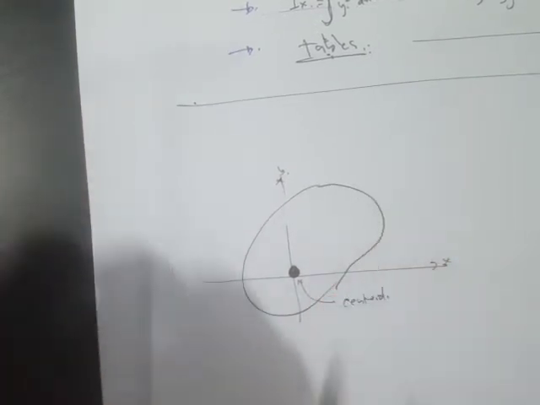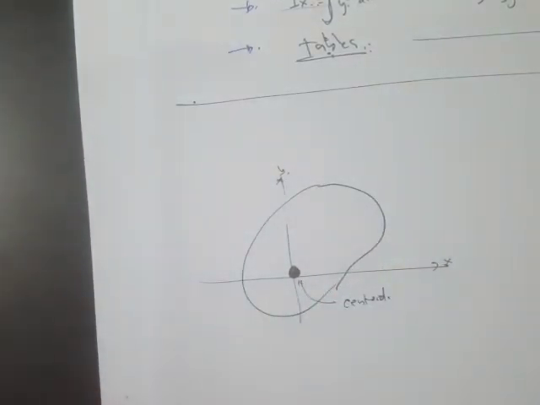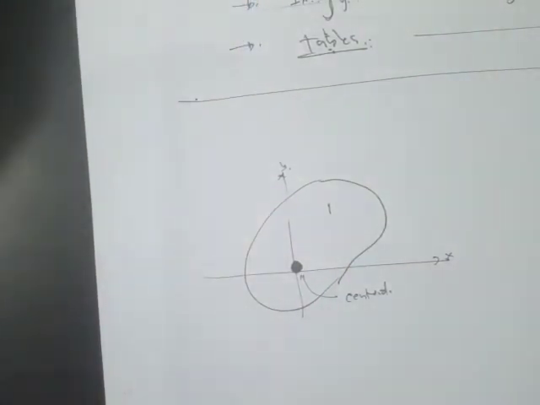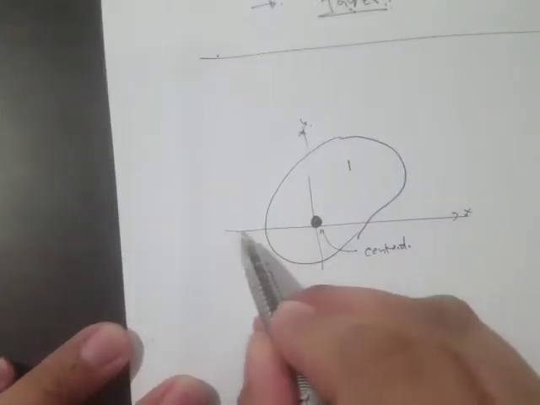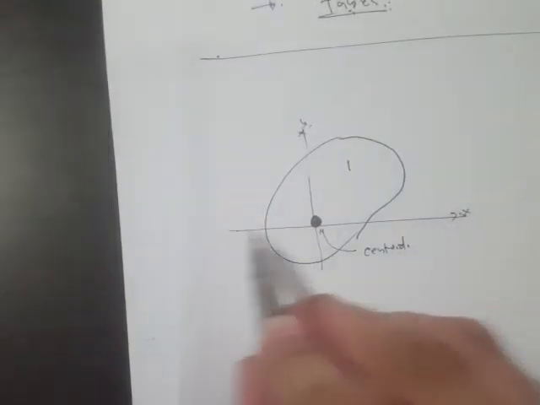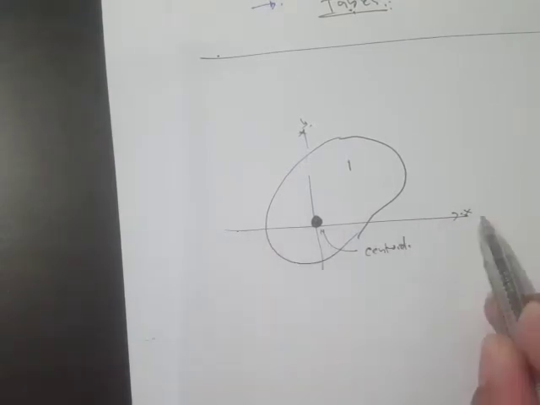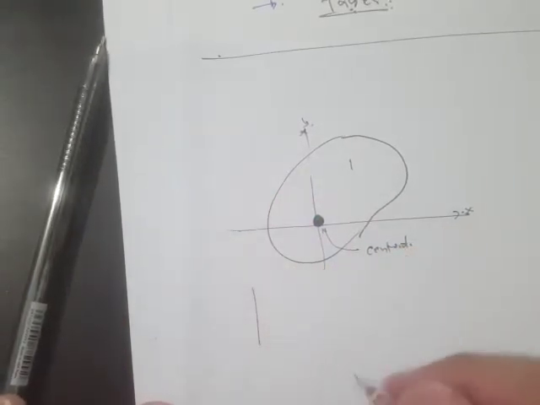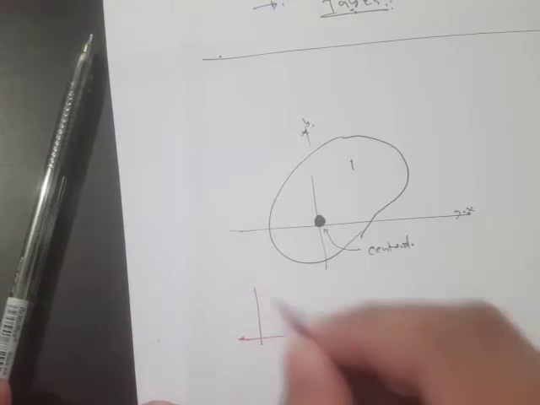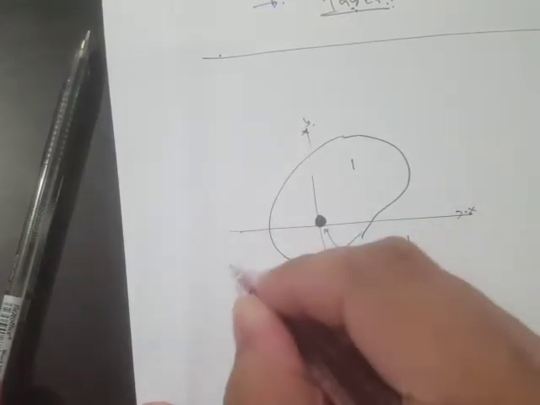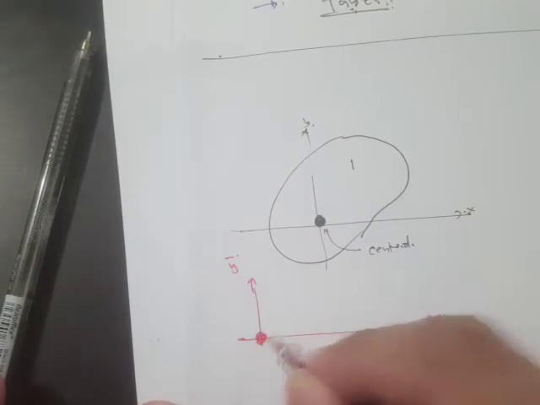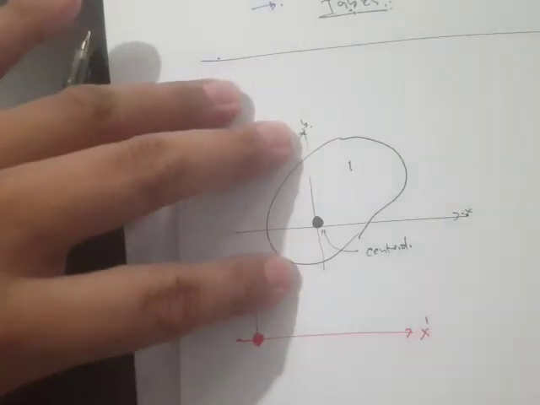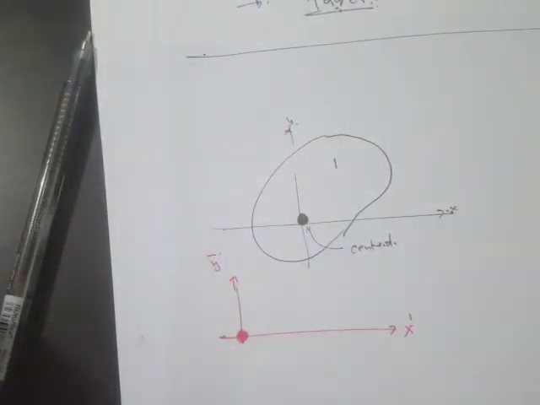Now, what if instead of rotating along the centroid, what I want is to rotate somewhere here, and let's say this is x prime, and this is y prime. If that's the case, what's going to be the moment of inertia? What's going to be that equation?